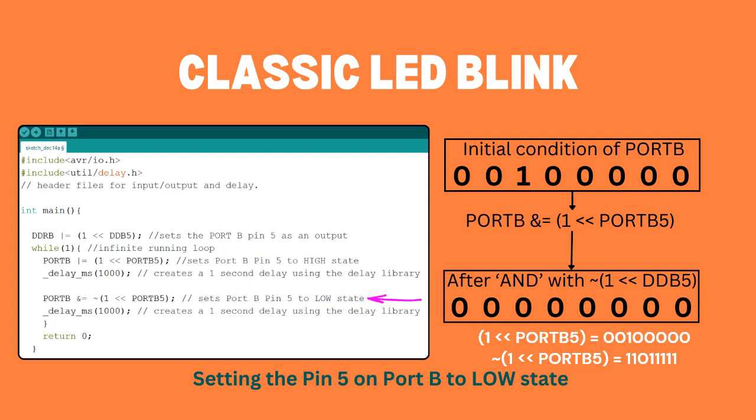So now it will put a 0 on the 5th position, and all of the remaining bits will be set to 1, and we perform an AND operation. So we'll get pin 5 of port B to a low state, and we'll not change anything else in this process.